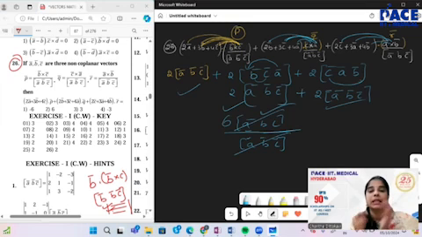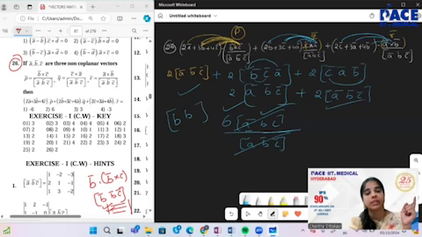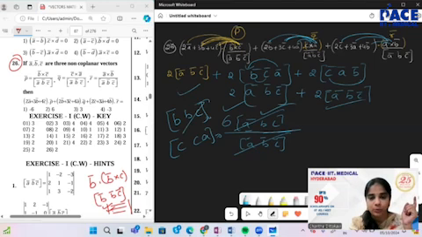They are getting nullified because 2 rows are the same. Remember this thing, whenever you are finding a determinant and 2 rows are the same, its answer is 0. Hence, if you have BBC, answer is 0. If you have CCA, your answer is 0. Is that clear? All these will be nullified. Done? Right, going for the next question.